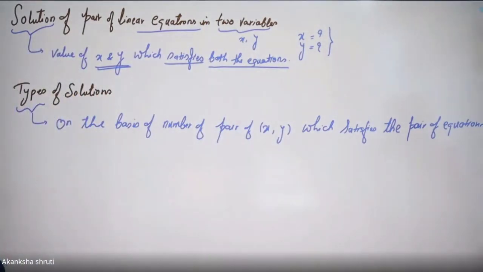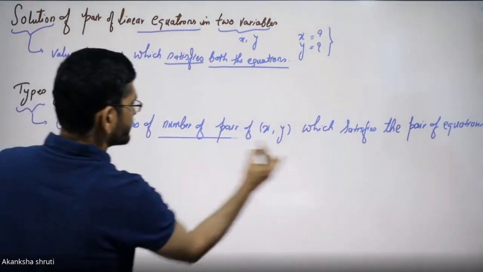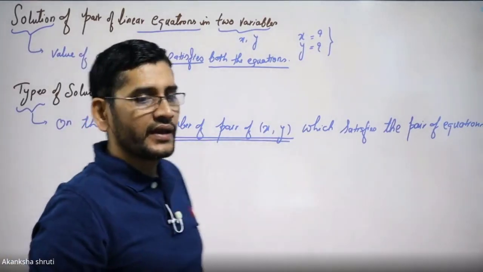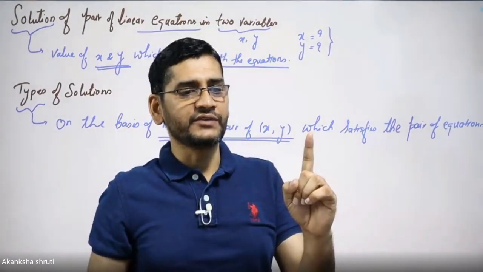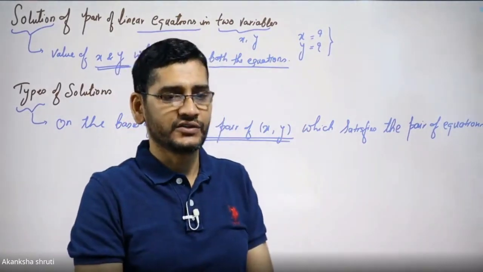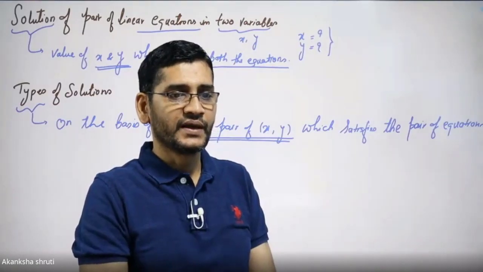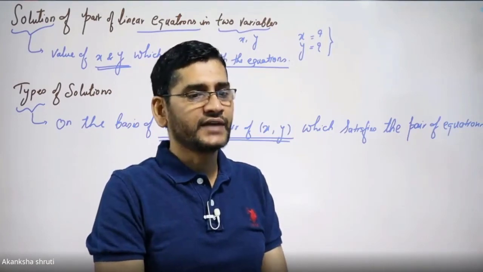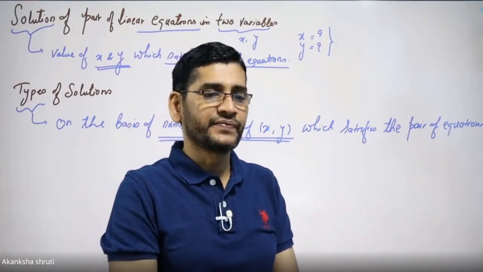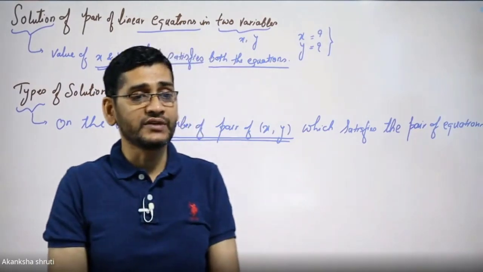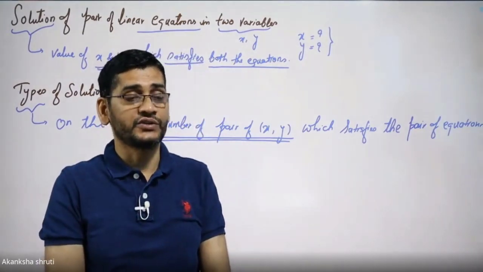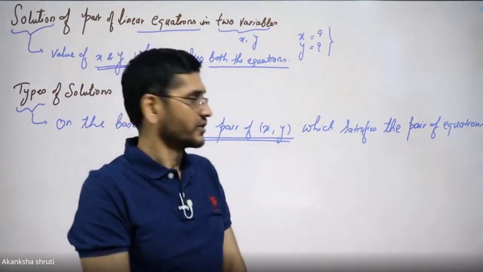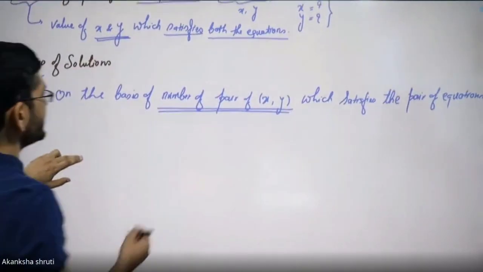It means the type of solution is based on the number of pairs possible. Students, if there is only one pair of x and y which satisfies the given equations, it is called unique. But if there is no such pair which satisfies the equations, then it is called no solution. And if there is more than one such pair which satisfies the equations, then it is called infinitely many solutions. So let us understand carefully.